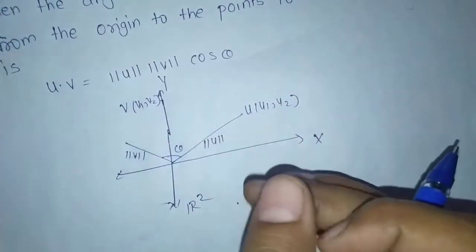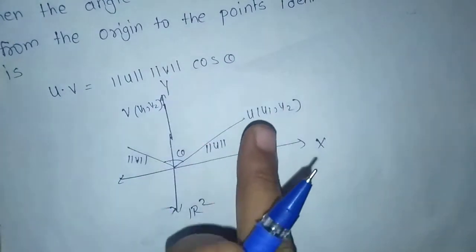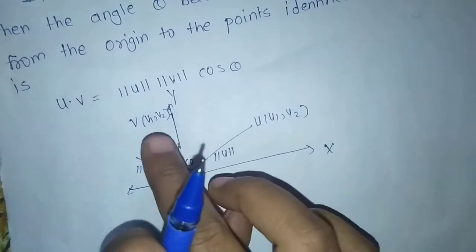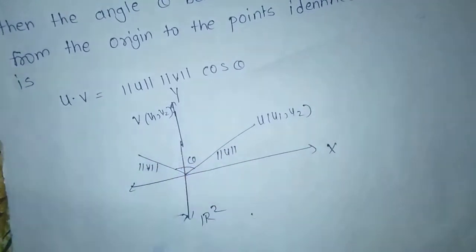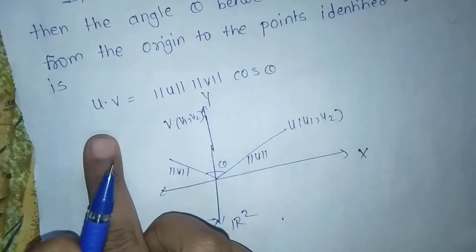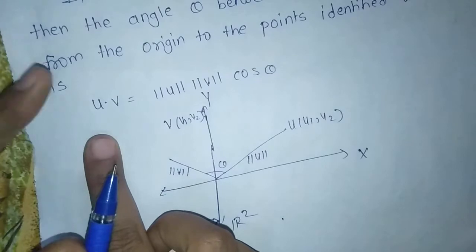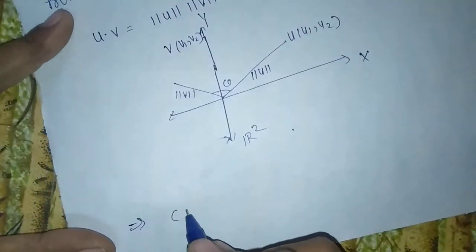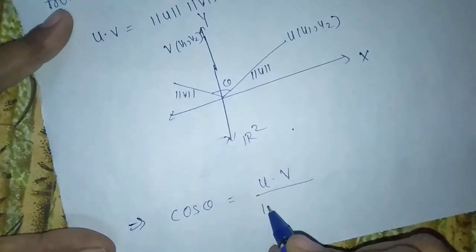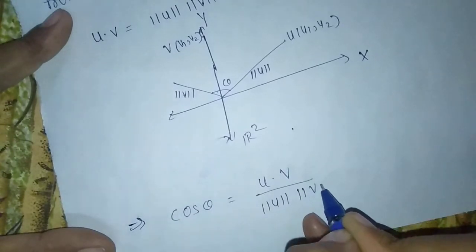Now this is the diagram. Here we have these two vectors U and V, and norm U, norm V like this, and this is nothing but the theta. So here we have the formula U dot V is equal to norm U into norm V into cos theta, which implies cos theta is equal to U dot V upon norm U norm V.